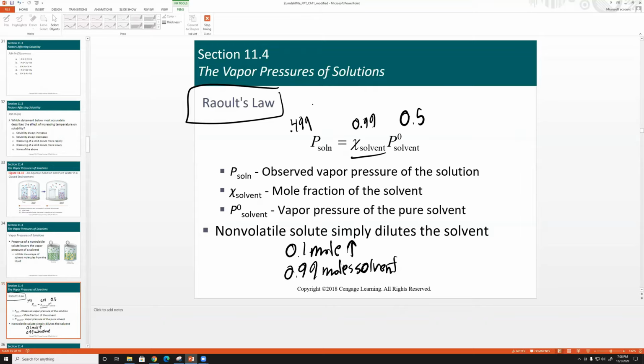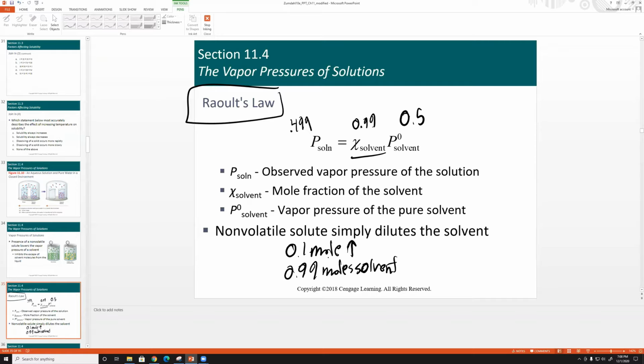So I'll say it one more time. Once you increase solute, you are increasing the strength of the solution, and at the same time decreasing the mole fraction of the solvent. Based on Raoult's Law, that decreases the vapor pressure. So the more concentrated a solution is, the lower the vapor pressure. That's the main idea of this.